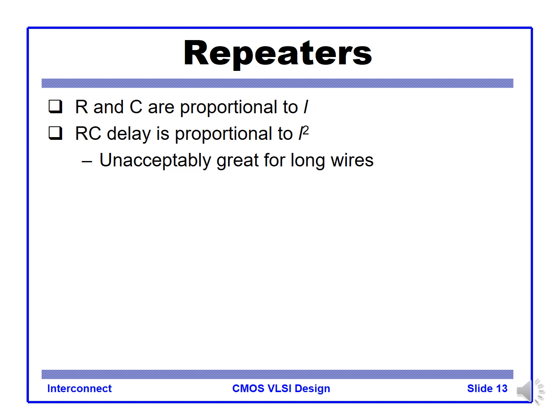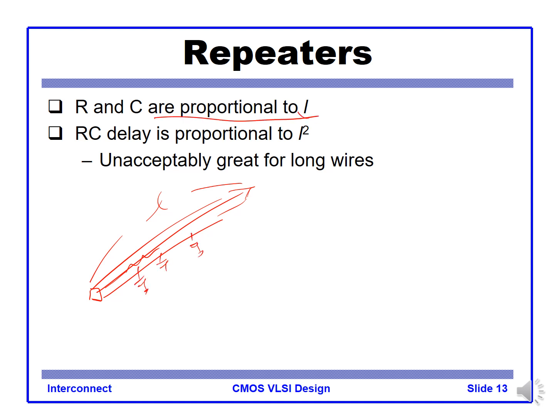Now when you consider the wire here, it has length L. The resistance and capacitance are proportional to length, right? So the RC time constant, the RC delay, is proportional to L squared. This is very large for long wires.